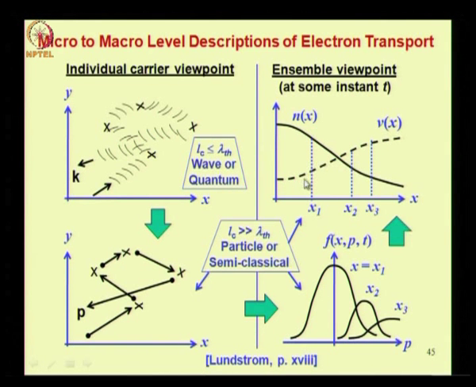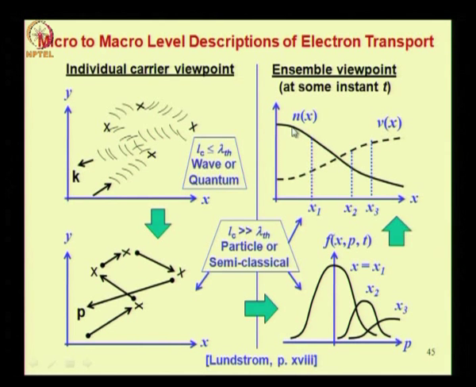So you find that the velocity is increasing because the distribution function is moving to the right as you go from x1 to x2 to x3. On the other hand, the area under the distribution is decreasing, and since the area divided by the local volume represents the carrier concentration, the carrier concentration is decreasing.